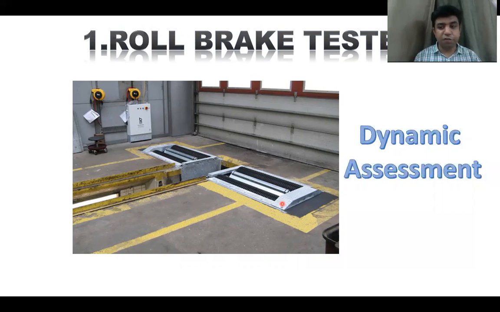In this kind of reverse way we can find out the brake force available. But at the point at which the wheel starts slipping on the roller, we need to stop the experiment. Prior to that, we need to continue with the experiment.